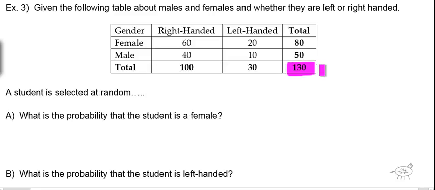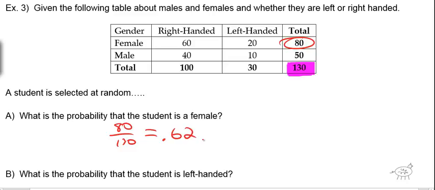All right. Okay, so a student is selected at random. What is the probability that the student is a female? Well, how many females are there? Do you guys agree there are 80 females? Out of how many? 130. So that's it. 80 out of 130. Pretty easy. And again, if you convert that into decimal, depending on what I'm asking for, it's 0.62.